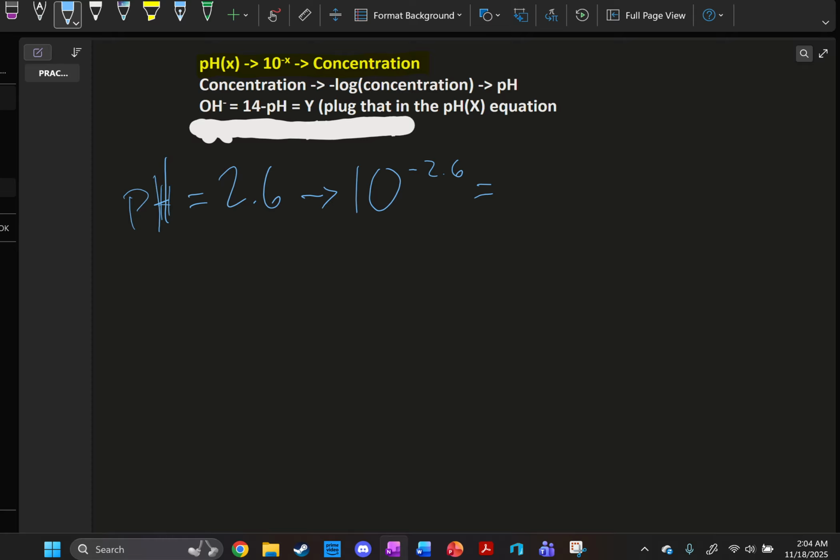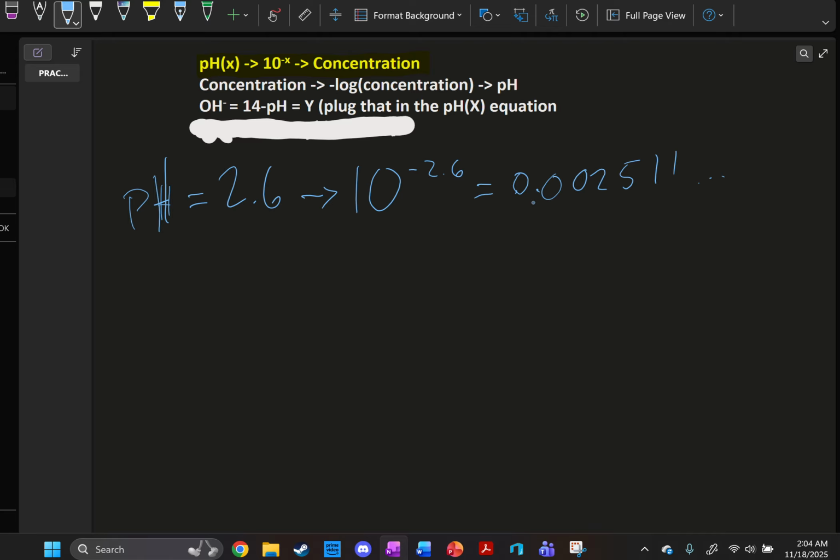So let's plug that in. 10 to the negative 2.6 is 0.00251 and some others. Now we have two significant figures here, and so we're going to carry this.